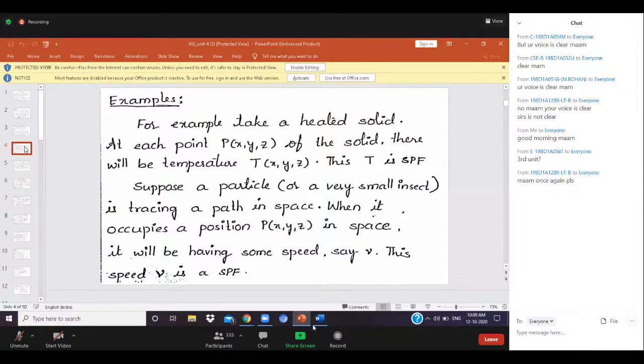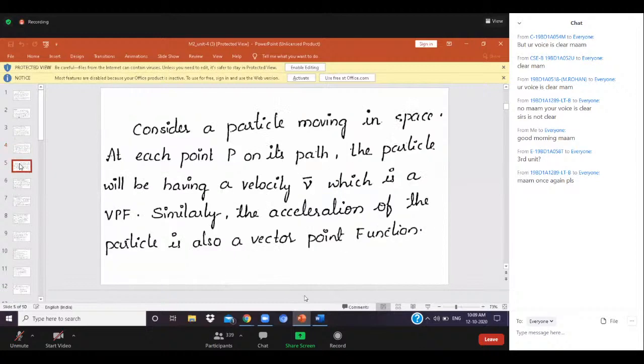We trace its position P of x comma y comma z, and at that position the particle has some velocity, which we take as v. This v is a vector point function, not a scalar point function. These are the examples here.